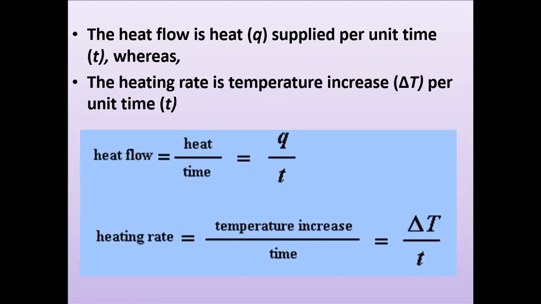And if you know the heating rate, that is temperature increase per unit time, so if you know both parameters, you can calculate. So heating rate is equal to temperature increase by time, which can be written as delta T by t. Okay, so this is delta T, and this is t.